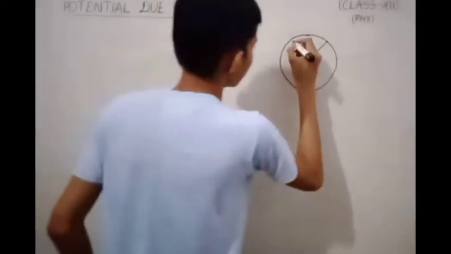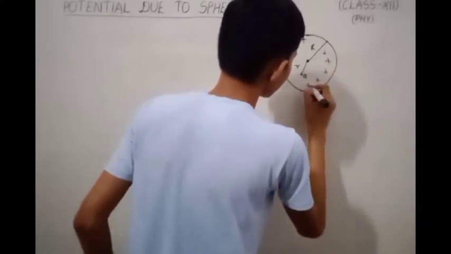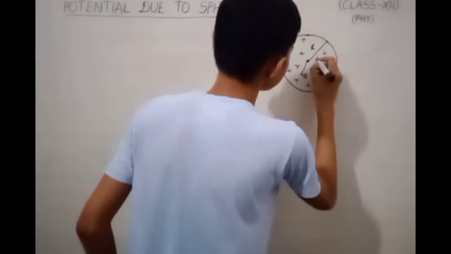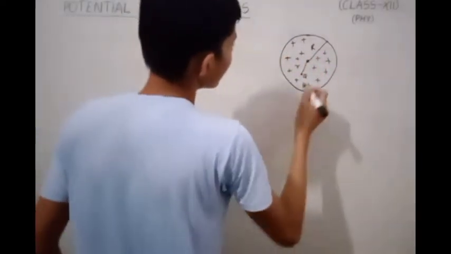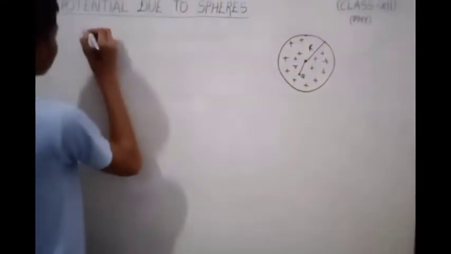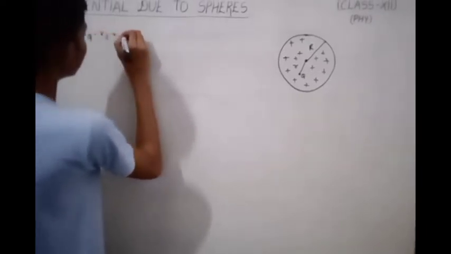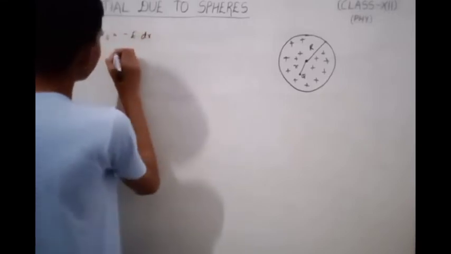Here the charges are present in the volume. For this we have to bring the charge from the surface to the point Q. Vq minus Vs equals minus E dot dr.